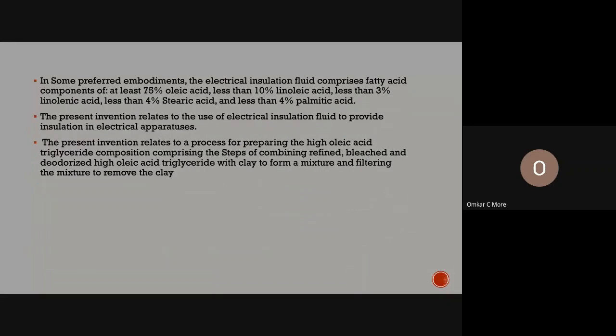Here you can see other embodiments, and the invention relates to a process for preparing the high oleic triglyceride compositions, comprising steps of refinement, bleaching, and deodorizing of the particular oil with clay to form a mixture and filtering the mixture to remove the clay.